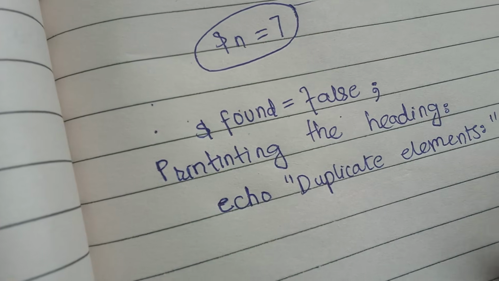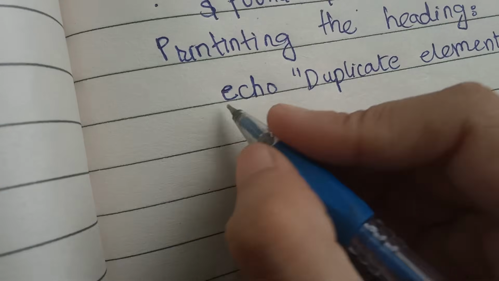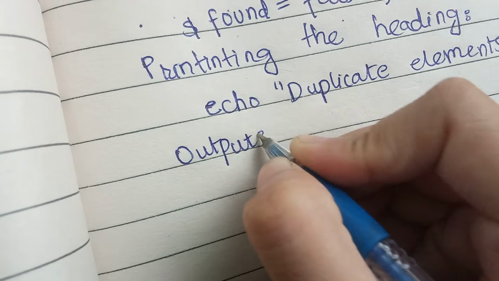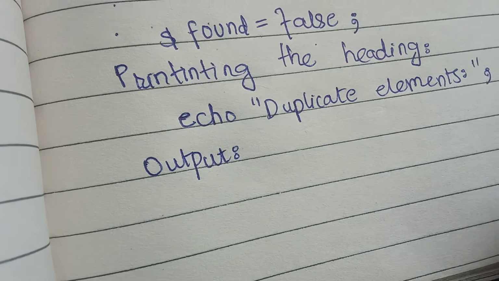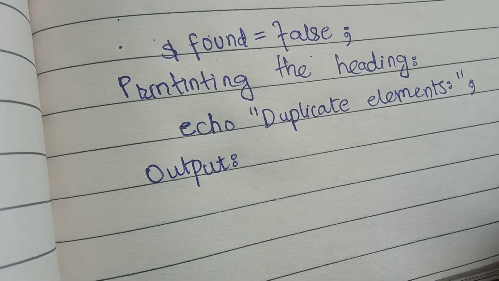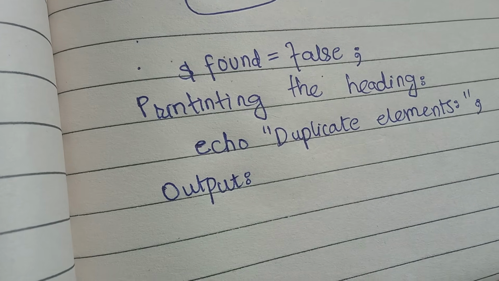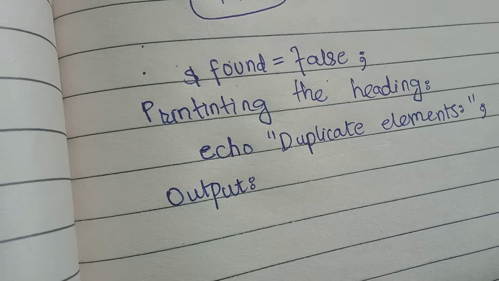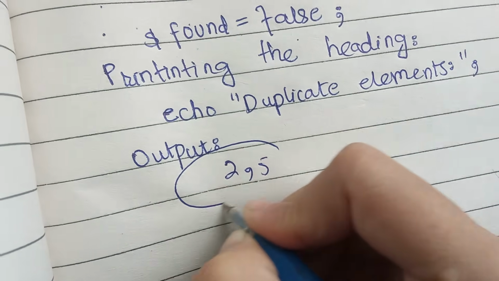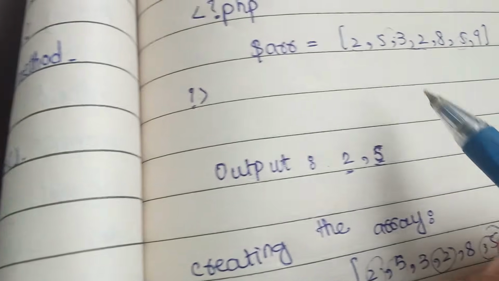So our desired output is the elements 2 and 5, as we have seen in the array.